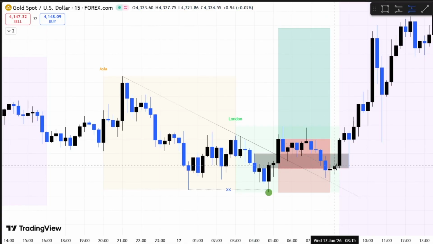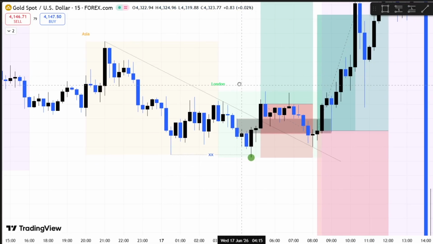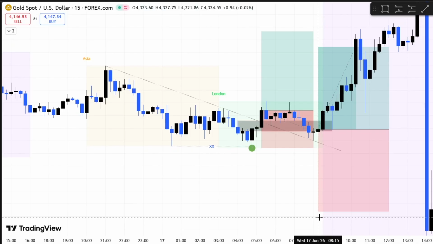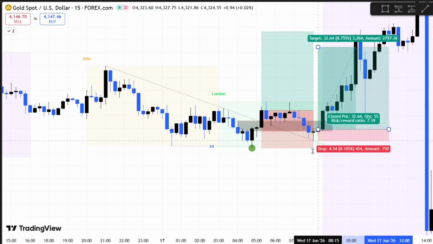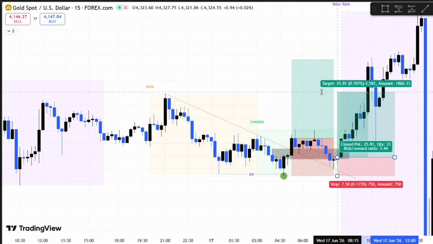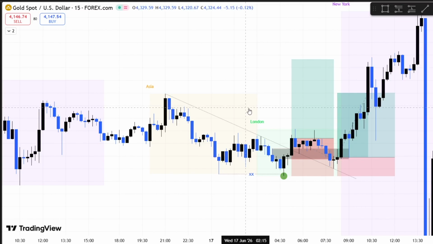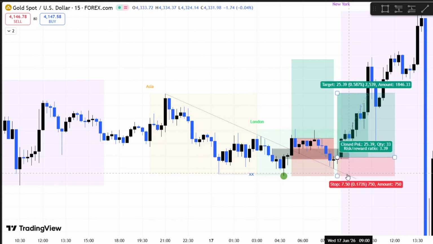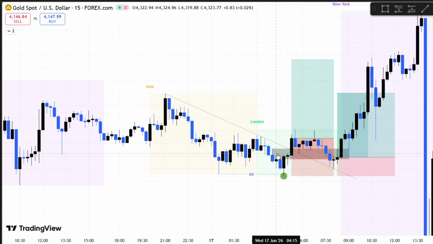We have the 3 candle patterns and the retest, so we would also take this as long as we protect the high. You would take your trade up to there.